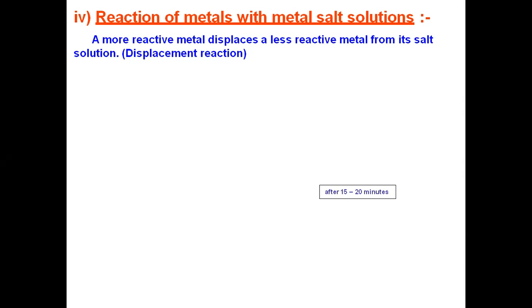That reaction we call a displacement reaction. For example, if there is copper sulfate and a metal in it, if that metal is more reactive, then it will take the place of copper in the salt. So that is called a displacement reaction.